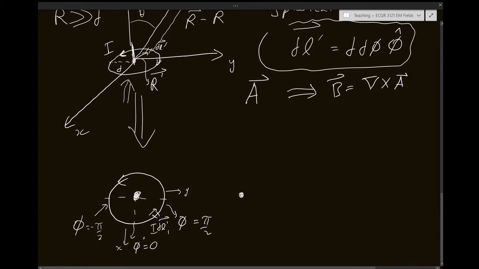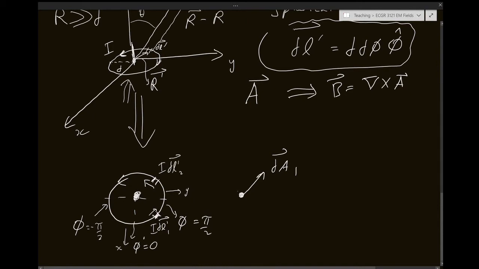We said the A field will always have the same direction as the element. That's why we went to the vector potential, because it's simpler in that sense. The component of A that is due to this element here is going to be dA1, and it's going to have the same direction as this element. This element has a mirror element here, in this direction, I dl prime 2.